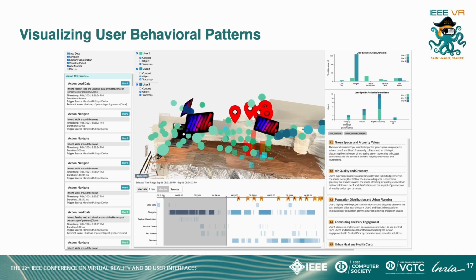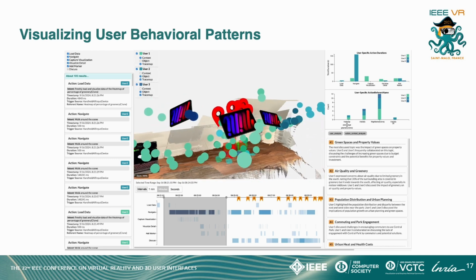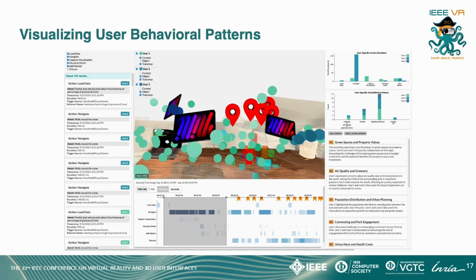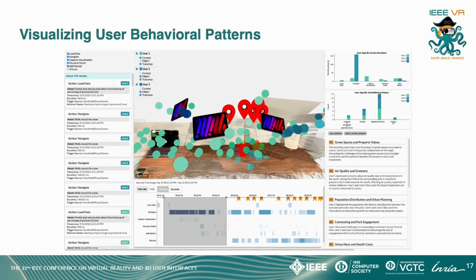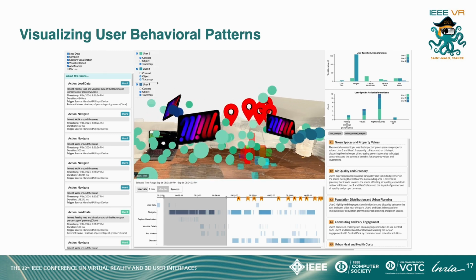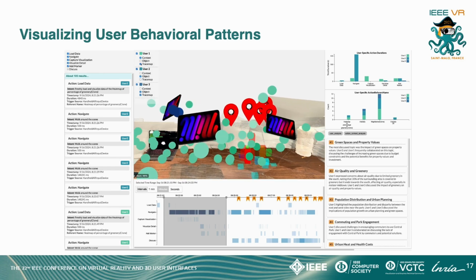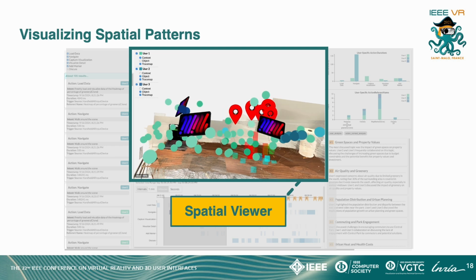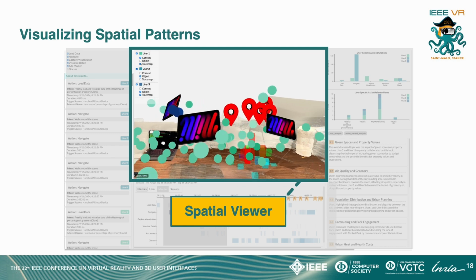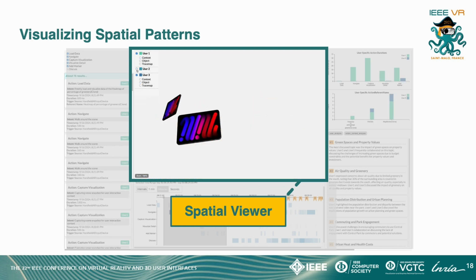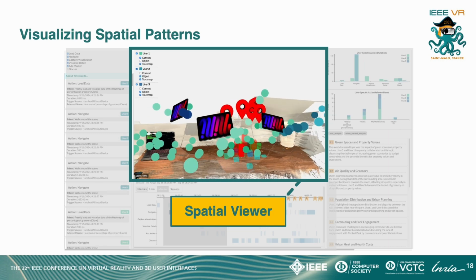Once the data is captured, we process and visualize the user data onto our analytics dashboard. Our dashboard consists of 5 main viewers that visualize the data derived from the UAD format. The spatial viewer shows the spatial patterns of one or more users in various XR scenes.